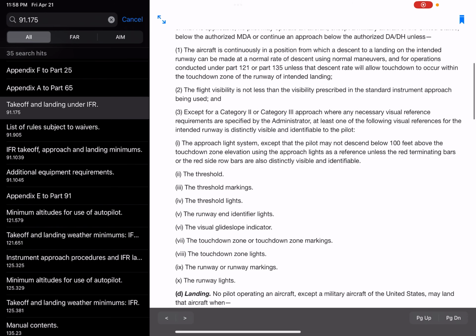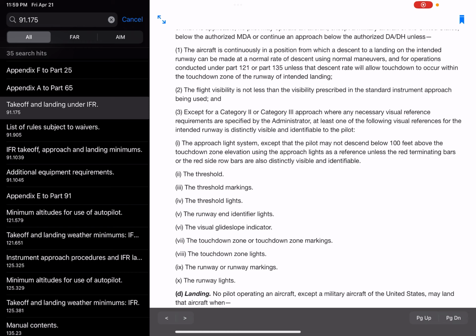And three, you need at least one of the following visual references for the intended runway. And this is where it gets confusing. So it says approach light system, except that the pilot may not descend below 100 feet above the touchdown zone elevation, or TDZE, using the approach lights as a reference unless the red terminating bars or the red side row bars are also visible and identifiable.